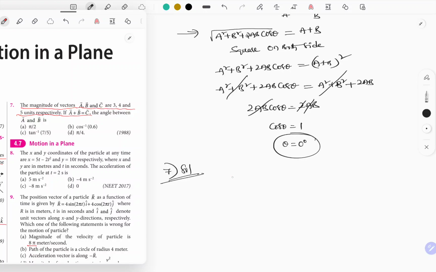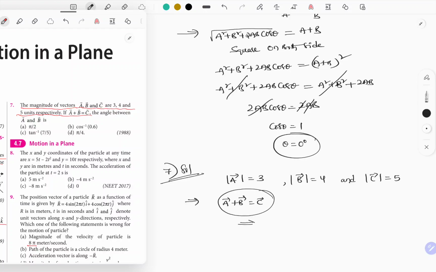Okay, super. So a bar magnitude is equal to 3, b bar magnitude is equal to 4 and c bar magnitude is equal to 5. They said a bar plus b bar is equal to c bar.